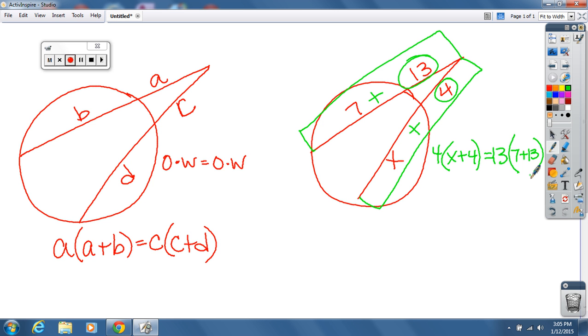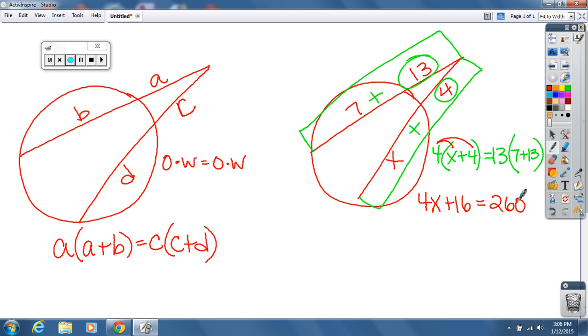Okay, so I have to distribute. When I distribute, I've got 4 times x is 4x, and 4 times 4 is 16, is equal to 13 times 7 plus 13, or 13 times 20, which is 260.